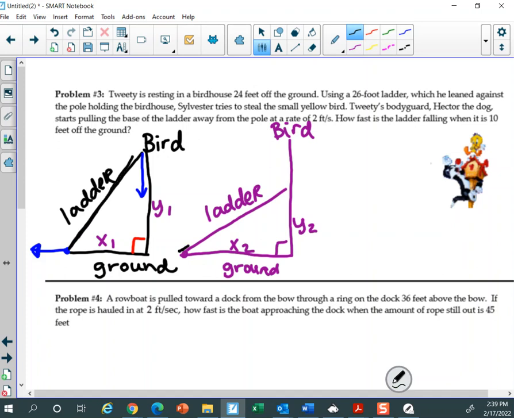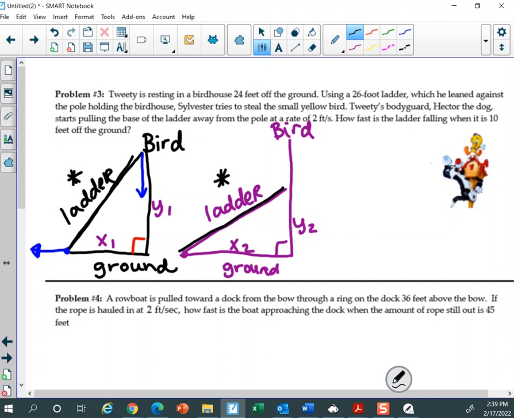And the thing that doesn't change is the length of the ladder. As the ladder gets pulled and is sliding, we have the exact same length of ladder.